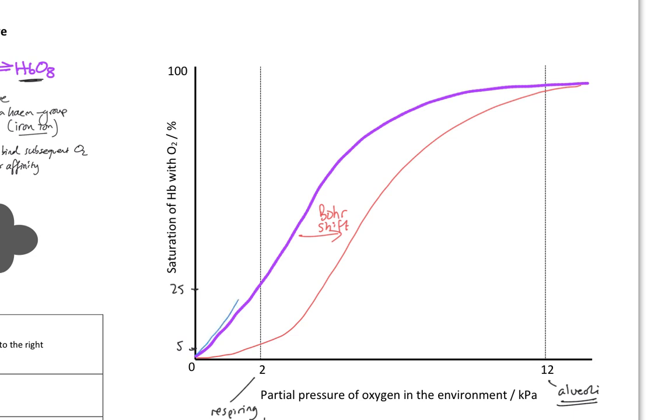So that's when it looks like this. This is our left shift. This is the classic example of fetal hemoglobin. Again, it's not shifting; it's just on the graph that it has shifted, but a fetus has a different kind of hemoglobin compared to an adult.